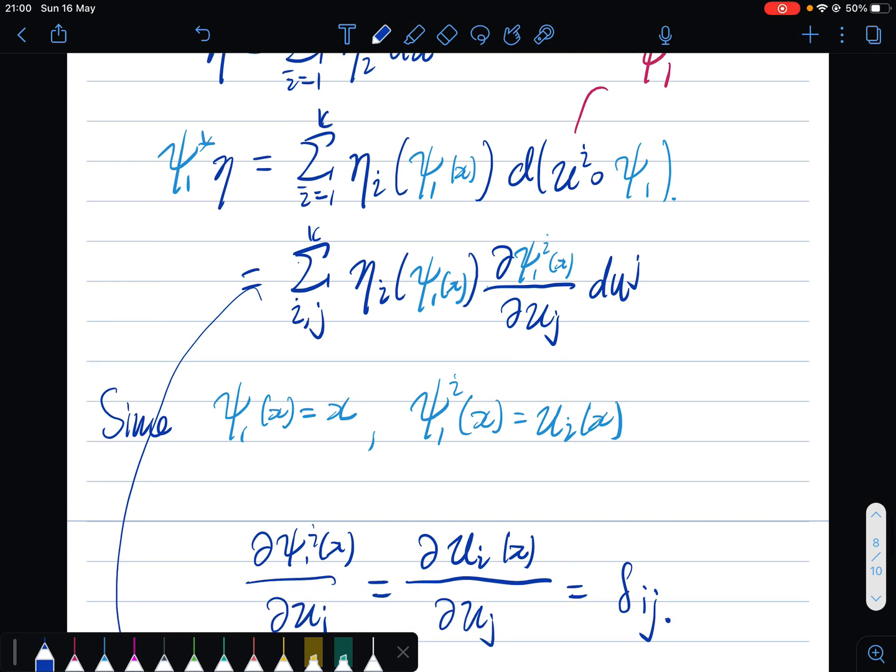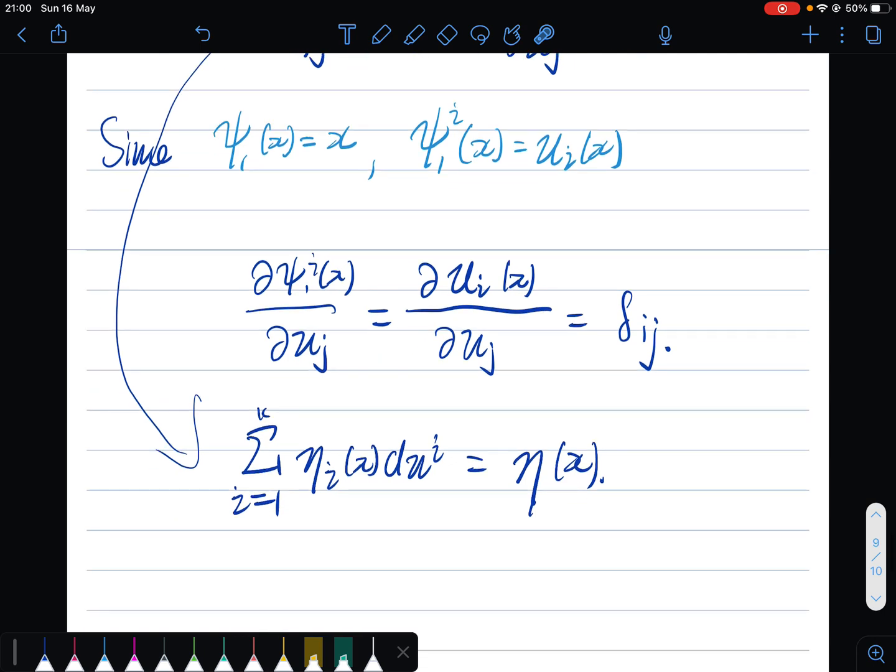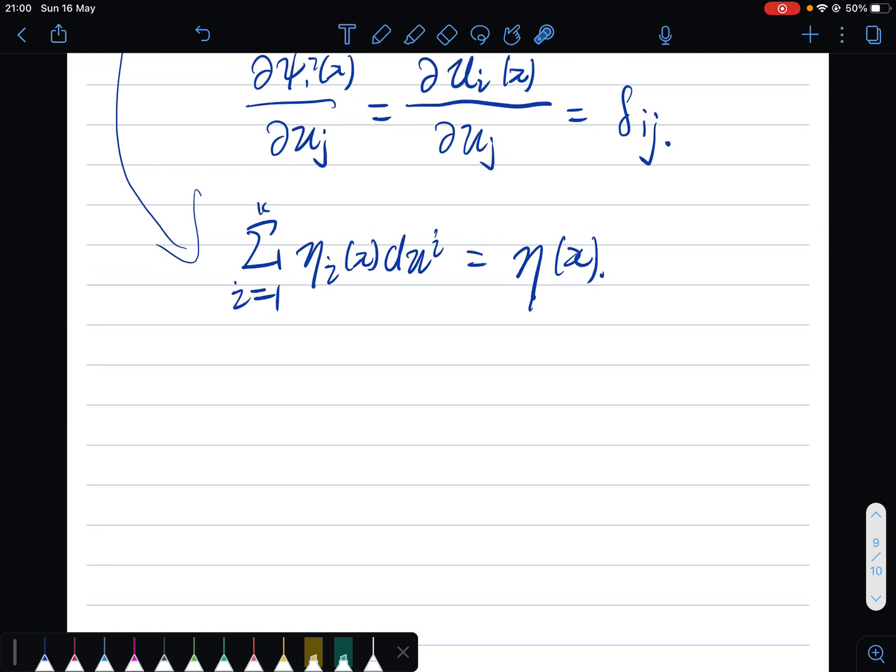So there is no change under this induced pullback psi map.